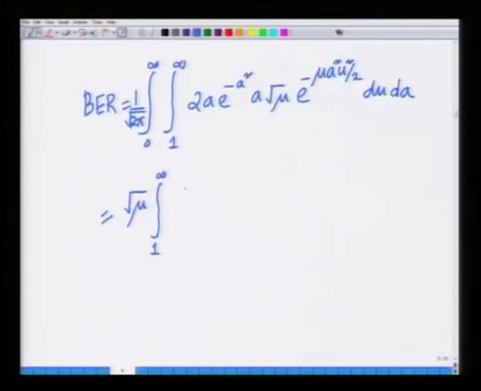The a integral comes in, which means I will write this as 0 to infinity, and this 2a times a becomes 2a square. All right.